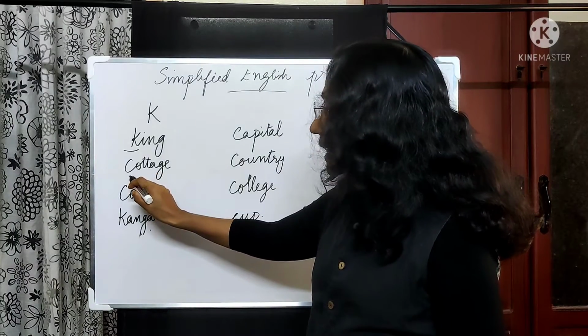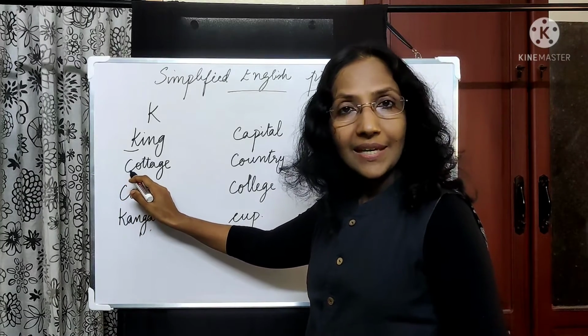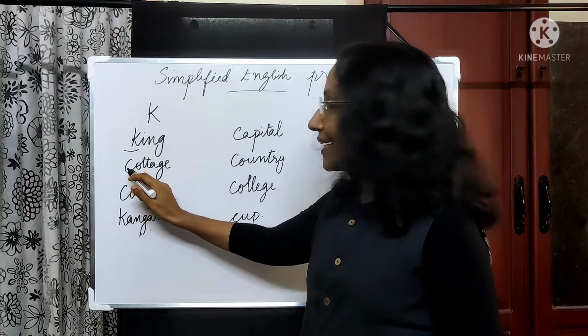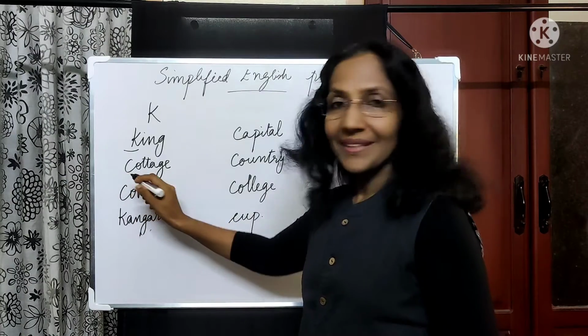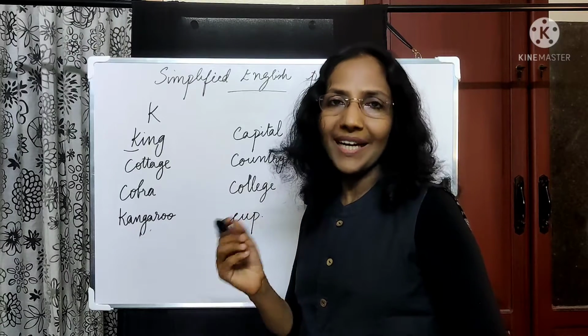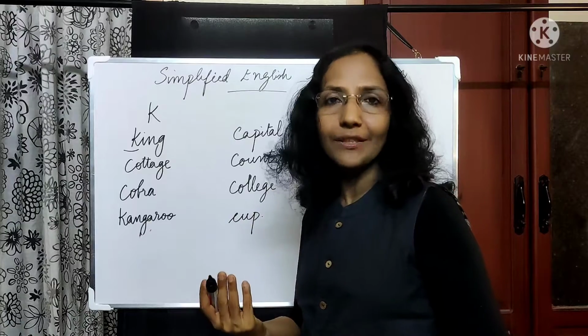Similarly, the second word, see how it begins with the letter C, but the sound is k. That's the most important matter concerning English. It is an unphonetic language. It is written in one way, but it is pronounced in a different way.